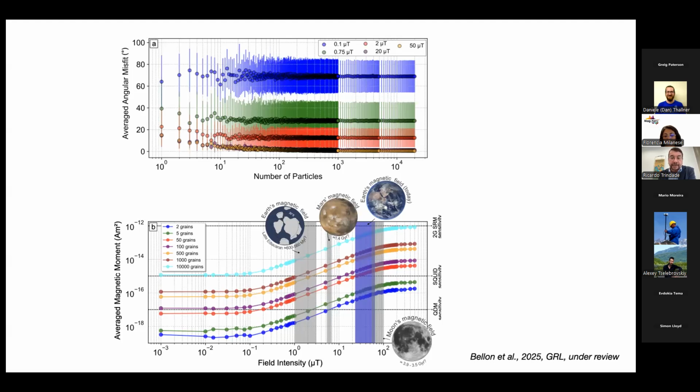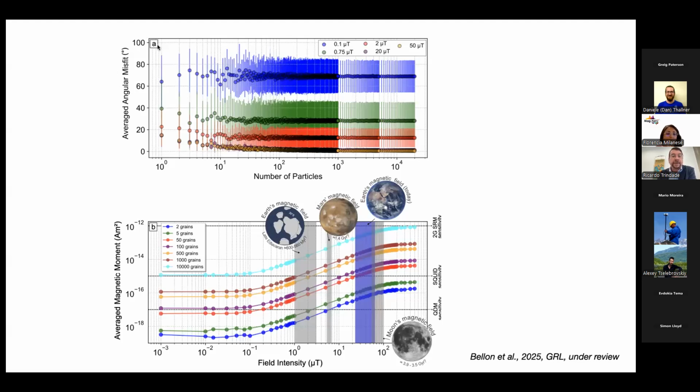We simulated the acquisition of thermal remanence in those particles from 0.1 microteslas up to 50 microteslas. And then we investigated the dispersion, or the average angular misfit, between the expected direction and the direction provided by the mean direction of those grains.